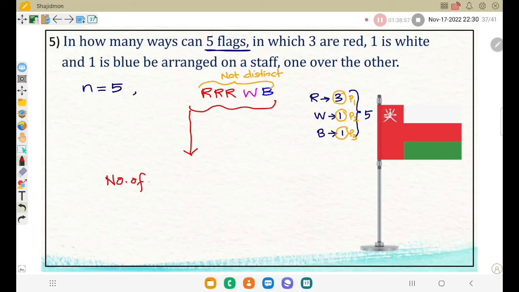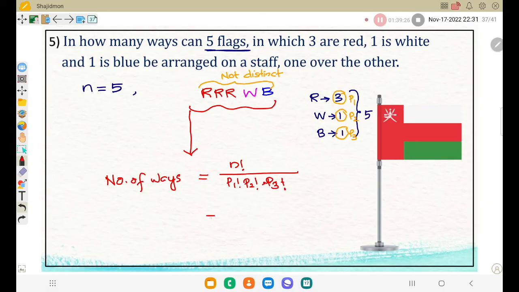Number of ways equals, totally how many letters? 5 letters. So 5 factorial divided by, because not distinct. Not distinct means what is the rule? n factorial divided by P1 factorial, P2 factorial, you know that rule, correct? If you want, you can note n factorial divided by P1 factorial, P2 factorial multiply P3 factorial, like that.